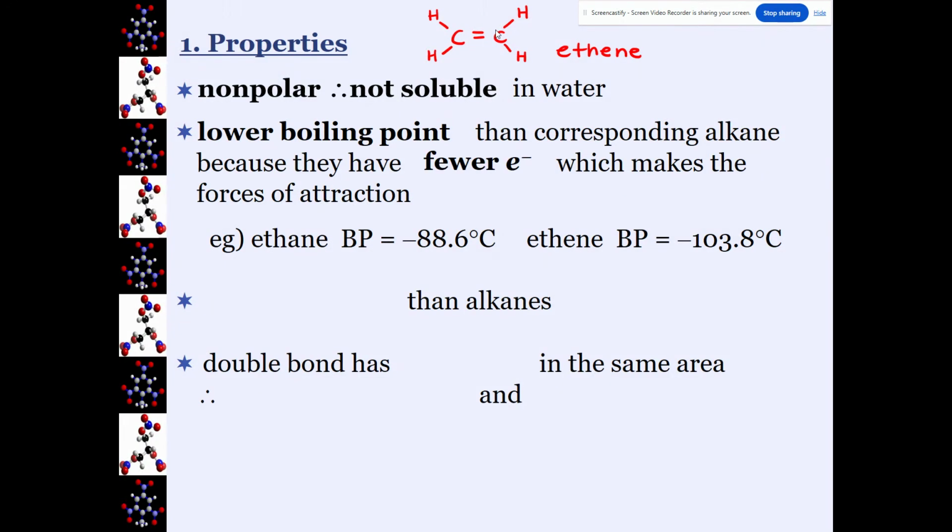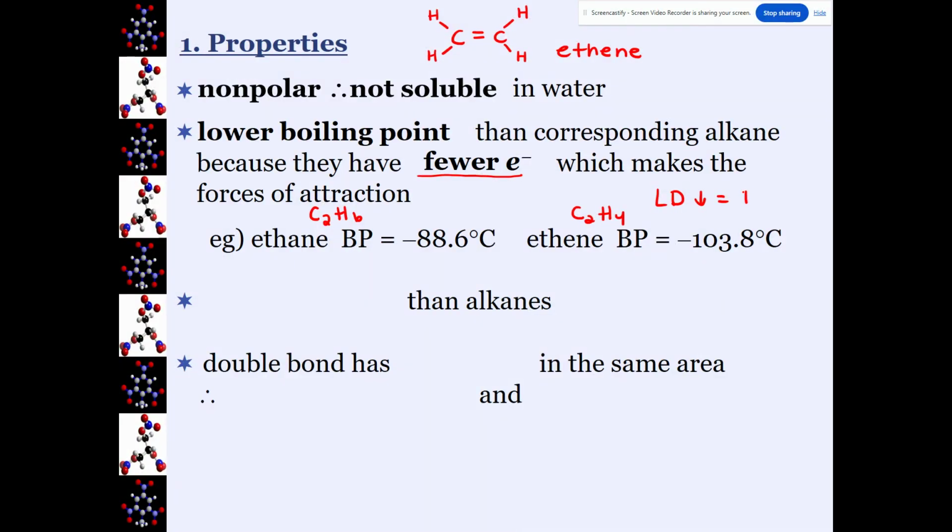Their boiling point is actually a little bit lower than their corresponding alkane. So ethane, which is C2H6, as opposed to ethene, which is C2H4, I have 2 less hydrogens, so 2 less electrons. Less electrons makes your London dispersion forces weaker.